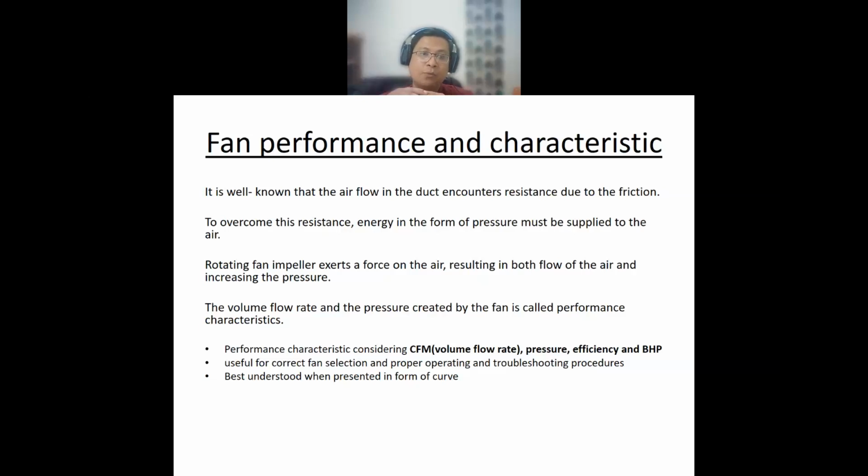Same thing when we call this one good efficiency, performance, we should give it by a number. So in this case, the fan performance is measured by pressure, efficiency, and BHP. Then we can say this one is satisfactory in performance. And then also characteristic. As mentioned before, we have several types of fan, and the characteristics are different.